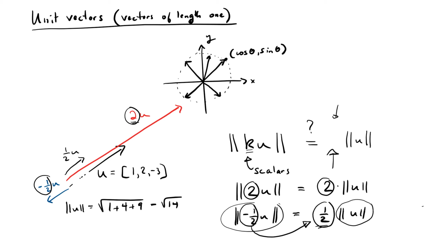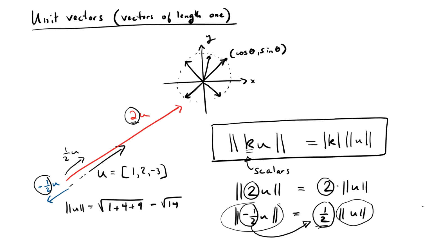What would I put there? And if you thought about your Sec 5 or maybe your Cal 1, maybe you've deduced that this should be the absolute value of k that goes there. So this is maybe something to remember. The norm of k times u is the absolute value of k times the norm of u.